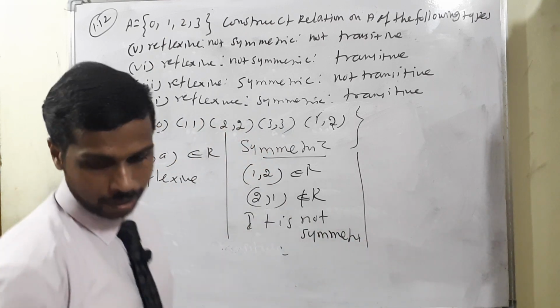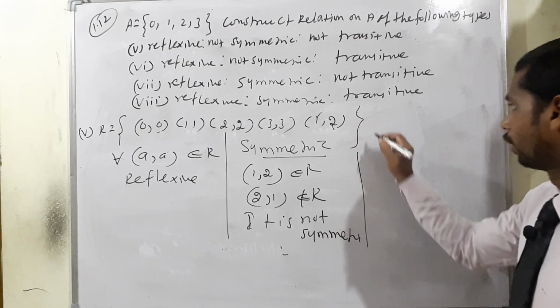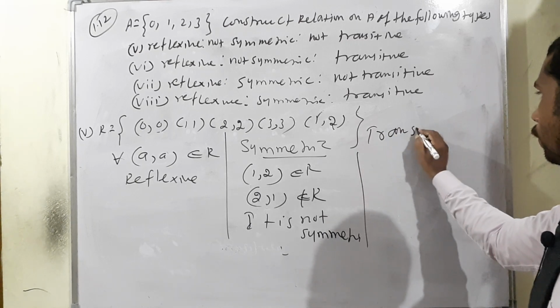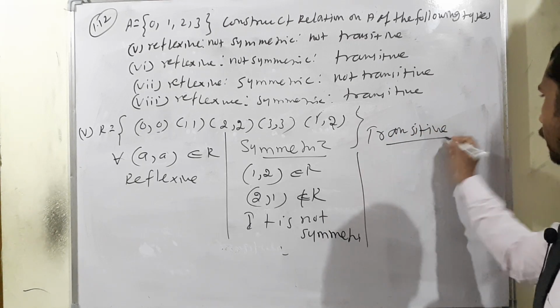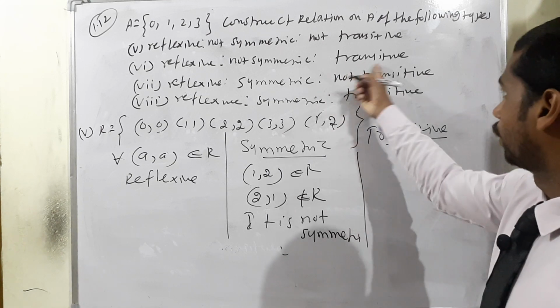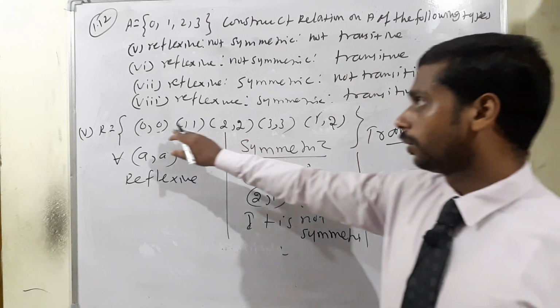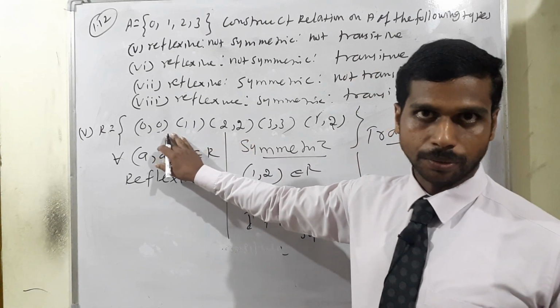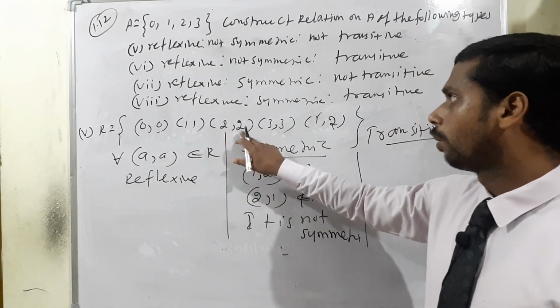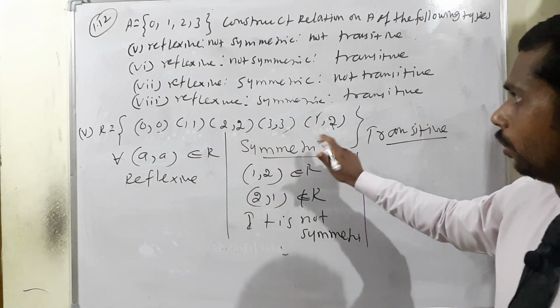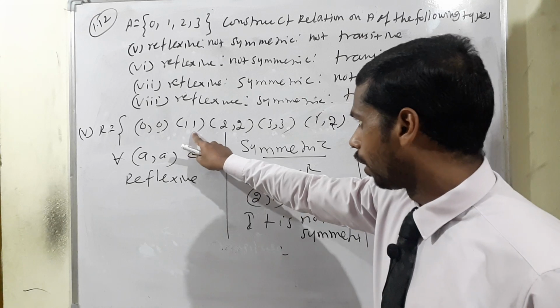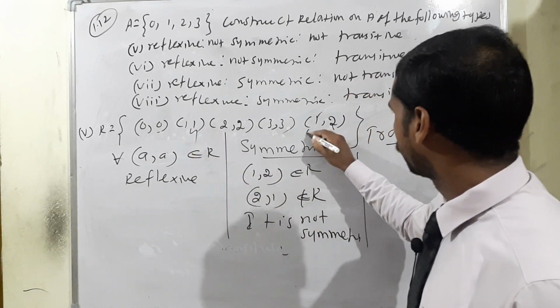Third one, transitive. So transitive condition, we have to show the transitive. Already we know a single pair also we can say is transitive. So 0 comma 0, 1 comma 1, 2 comma 2, 3 comma 3. Now look at there. If you start with 1 comma 1, this is a connected pair, here also 1, here also 1.